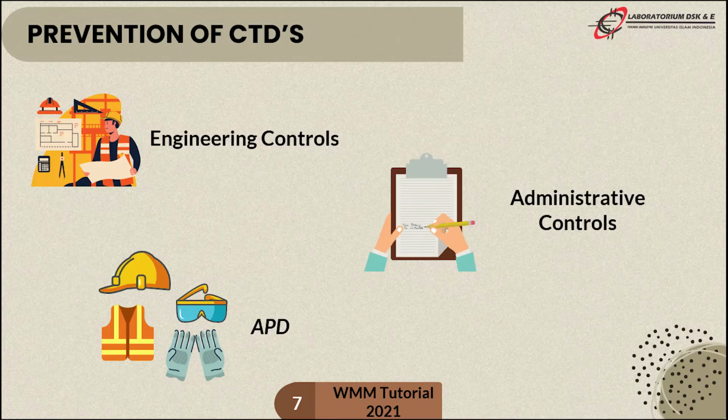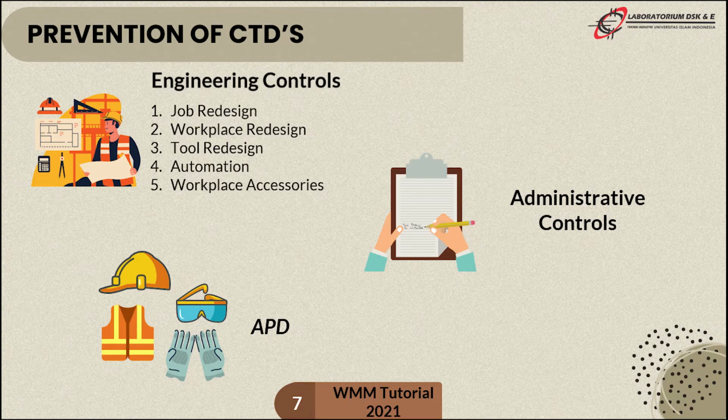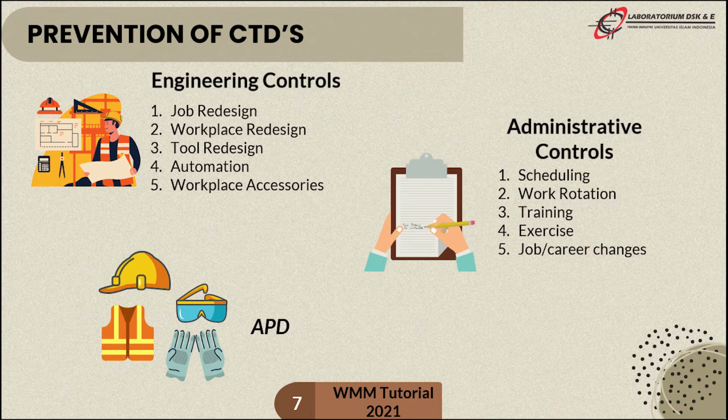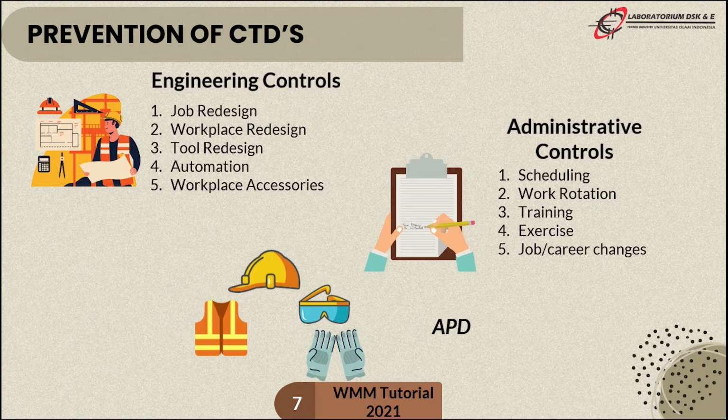The prevention of CTDs are: first, engineering control, that is job redesign, workplace redesign, tool redesign, automation, and workplace accessories. Second is administrative control, that is scheduling, work rotation, training, exercise, job career change. And the last is personal protective equipment.